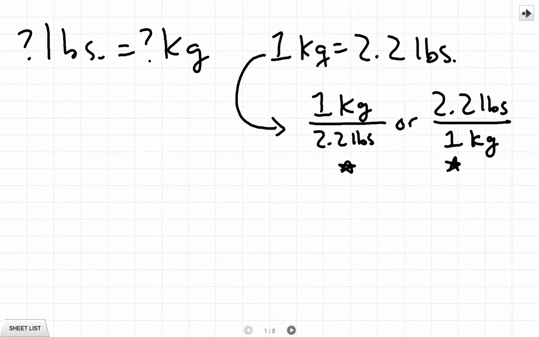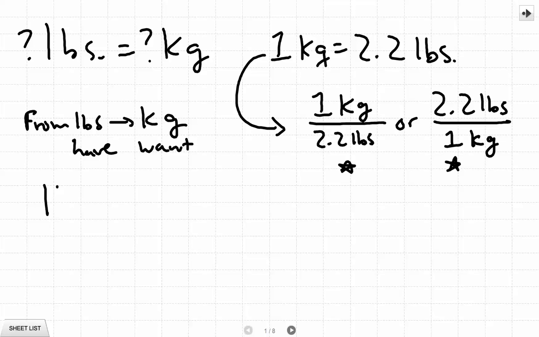So let's say, for example, I wanted to go from pounds to kilograms. So I want to eliminate this. This is what I have, and this is what I want.